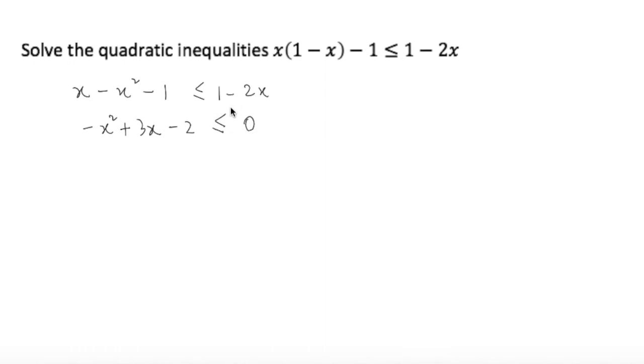It should be like this, okay? And now I change the negative. When I multiply by the negative, the sign will be changed. Okay, then now we can do the factorization. You see here, all the right hand side, I go to the left hand side, this side I never change because it is plus minus only.